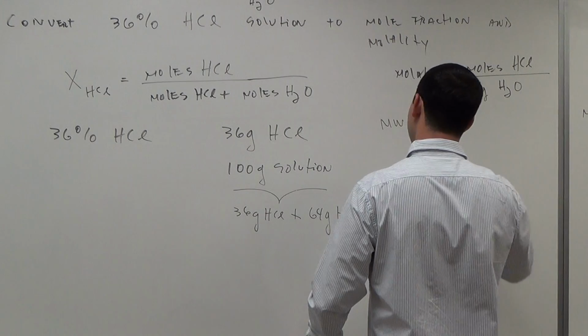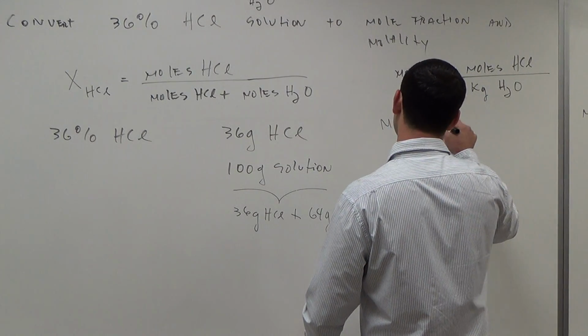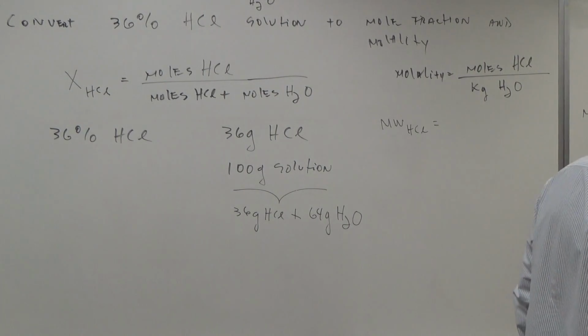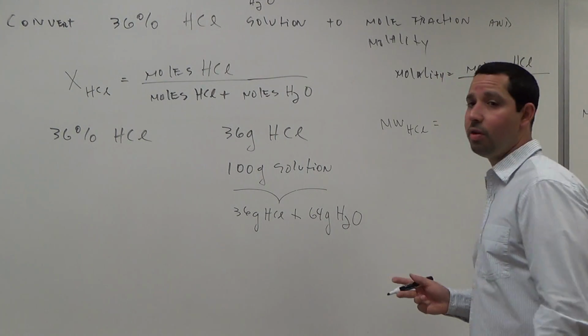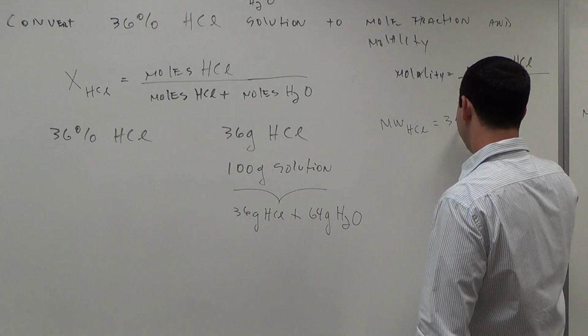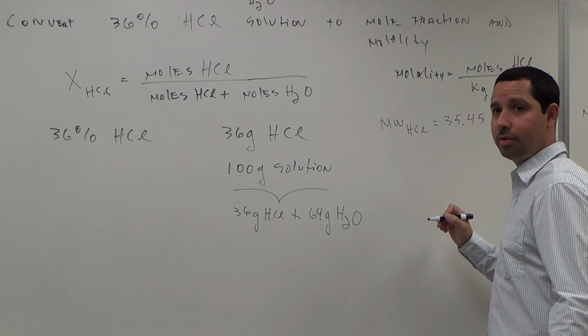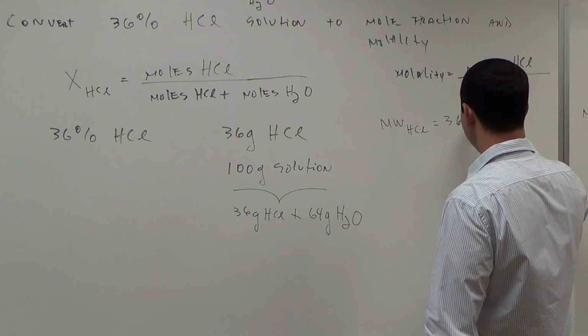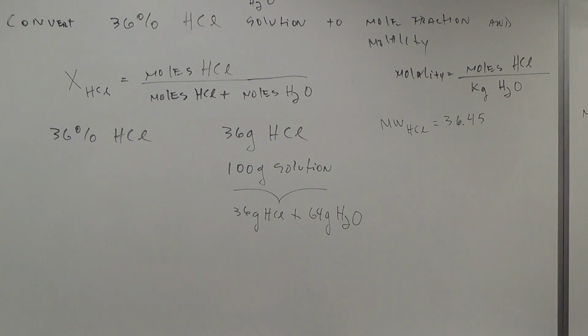So let's say the MW of HCl is how much? 36 point what? 36.46.